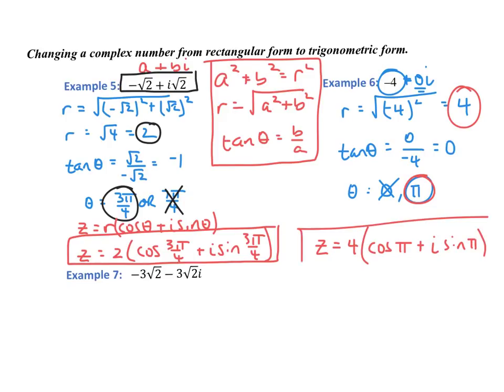And we're done. We've put it into trigonometric form. Again, if you feel comfortable, you can start working on the homework. I will do one more example for you in case you need it.